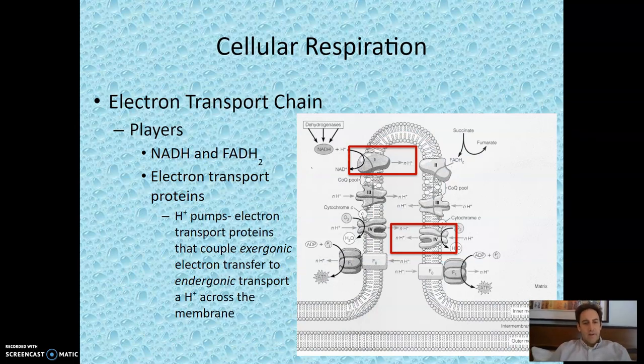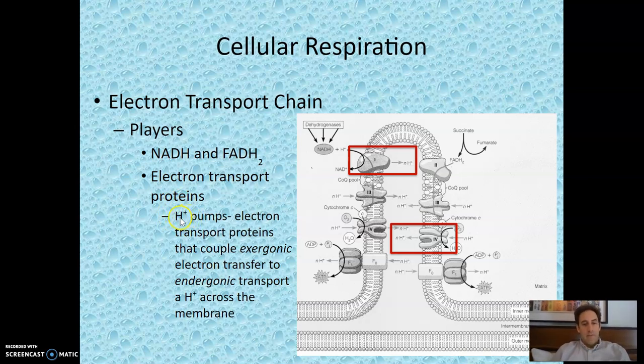The next player are the proton pumps. So some of these electron transport proteins are also proton pumps. Now you may think, wait, proton, H plus, is that a proton? But if you think about a hydrogen atom, it has one proton, one electron. So if it's H plus, it's lost its electron, which means it's just a proton.